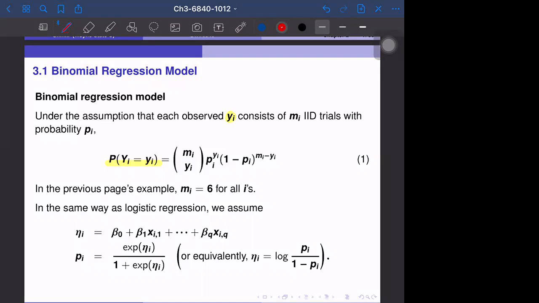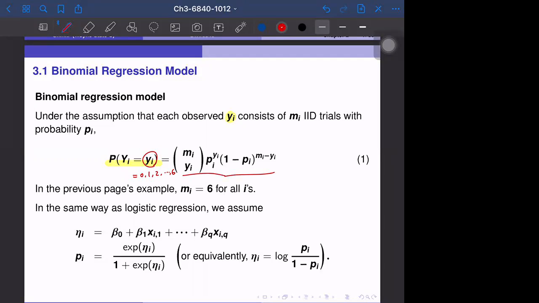That is the response variable. So the left-hand side is the probability that yi is equal to some number, in our case 0 to 6. The possibilities are 0 to 6, and the probability is formulated as this quantity.